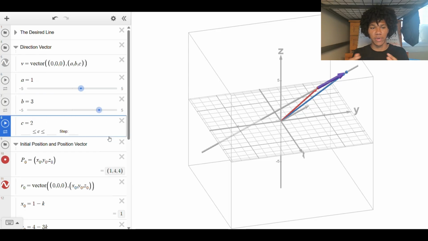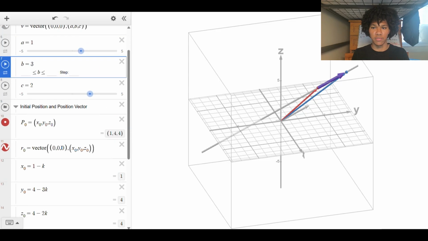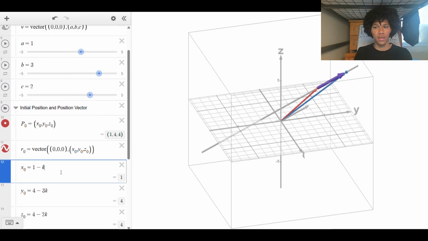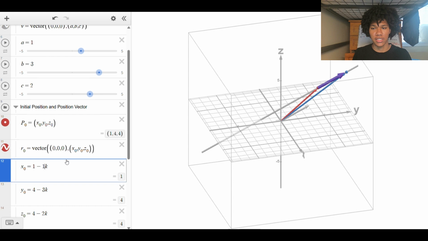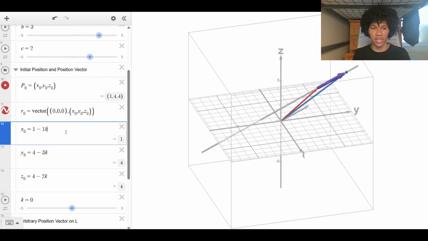So how I'm going to change my initial position, x0, y0, z0, is I'm just going to take jumps in the direction of the line. In this case, if our direction vector has components 1, 3, 2, I'm going to start from my initial position and make sure I add multiples of 1, 3, 2 to our initial position 0, 1, 2.